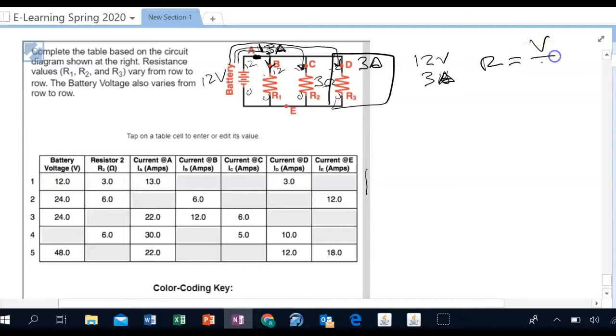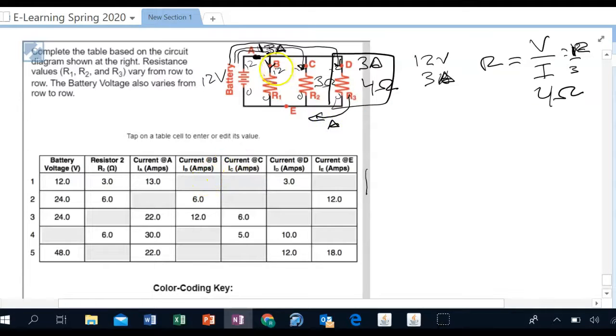This is going to be V over I: 12 volts over 3 amps, and you're going to have 4 ohms of resistance. Hey, you know what? They're not even asking me that, but I just couldn't help but find it because it's laid right out there. Anyhow, so we know that's happening: 12 volts going around, 3 amps going around.